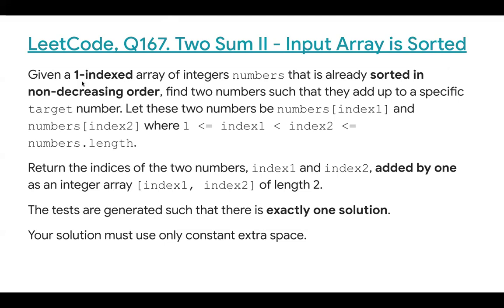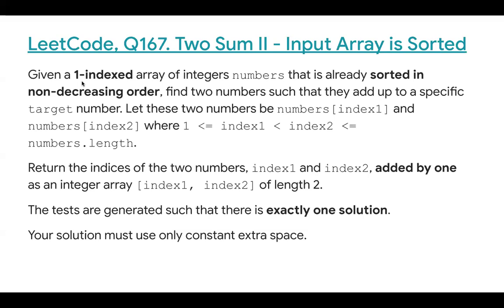What do we mean by one-indexed? In Java, array indices begin from 0. We talked about this in the last lecture. But here, we want the index to begin from 1.